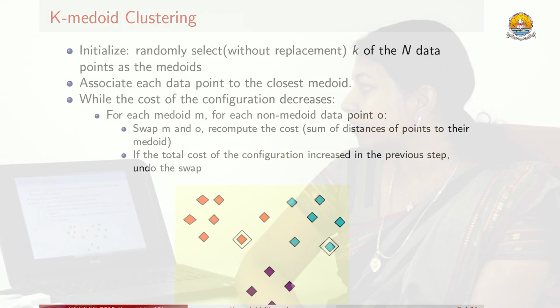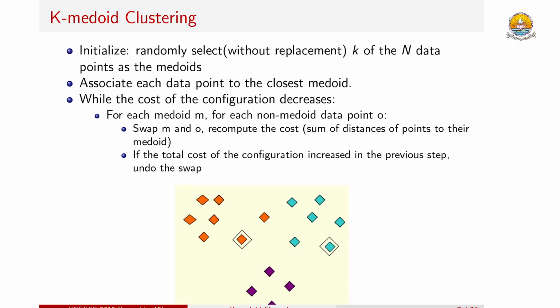While the cost of the configuration decreases, we keep repeating two steps: for each medoid and for each non-medoid data point, we swap them and again compute the cost. The cost here is nothing but the intra-cluster distance. If the total cost of the configuration increased in the previous step, we undo the swapping. This is the traditional partitioning around medoids algorithm. Here you can see that a medoid is always a point in the dataset.